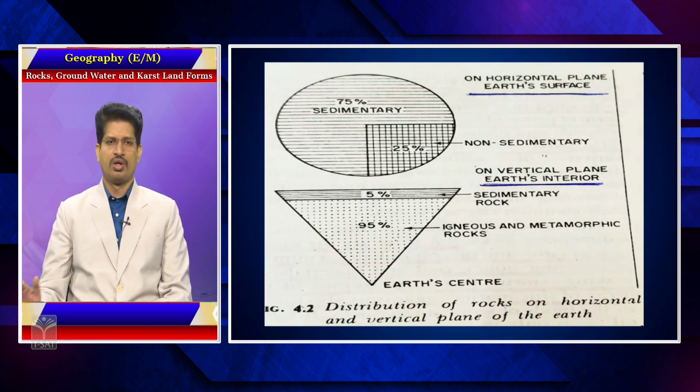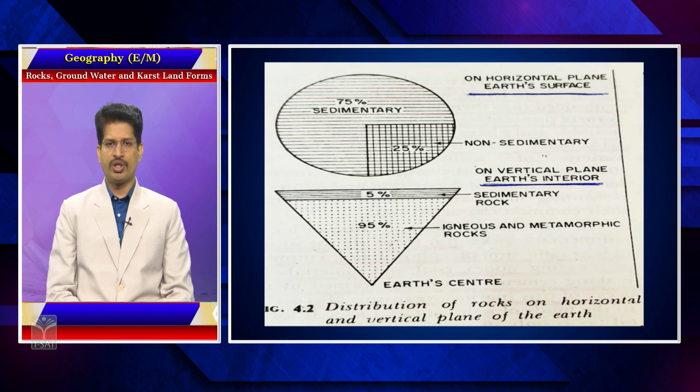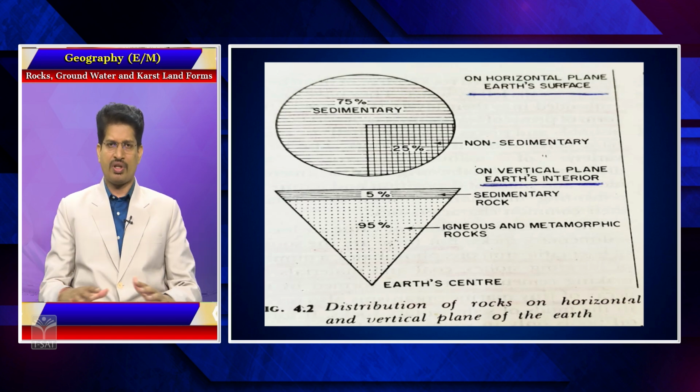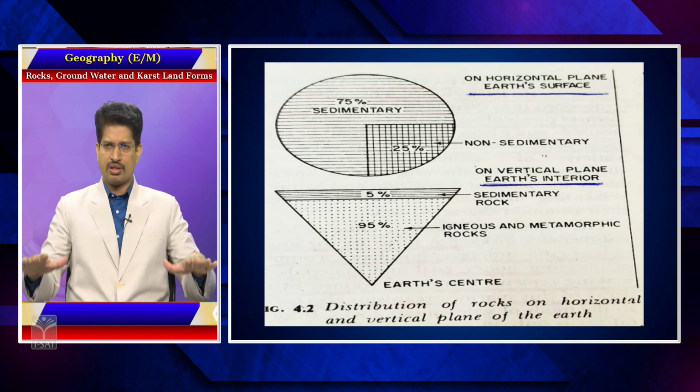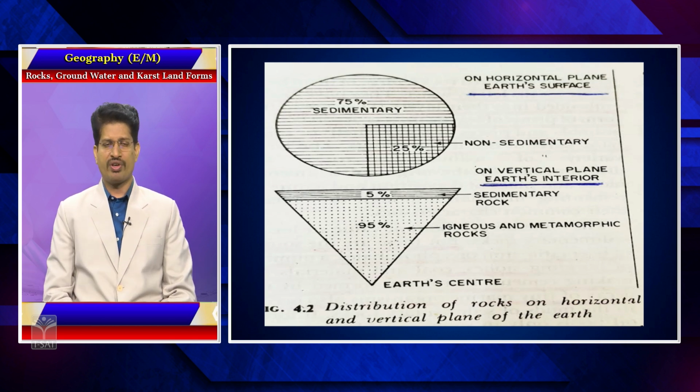Here, when we compare the rocks, as I have differentiated between sedimentary rocks, igneous rocks, and metamorphic rocks, when the top surface area of the Earth is considered, in terms of area, 75% of the Earth's surface is covered by sedimentary rock.